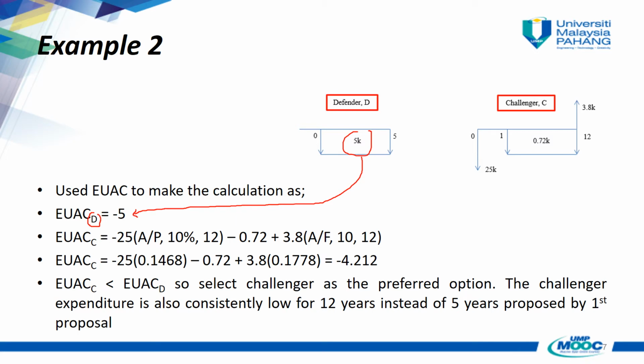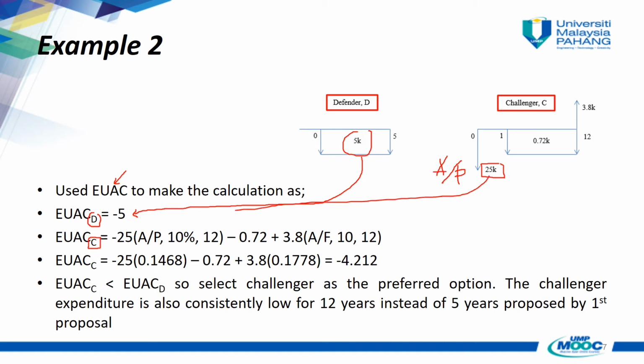Then we calculate EUAC for C, the challenger. We have an initial cost of 25,000 in the form of P, but because we use the EUAC method, we need to transfer this P to become finding A when you know the P.